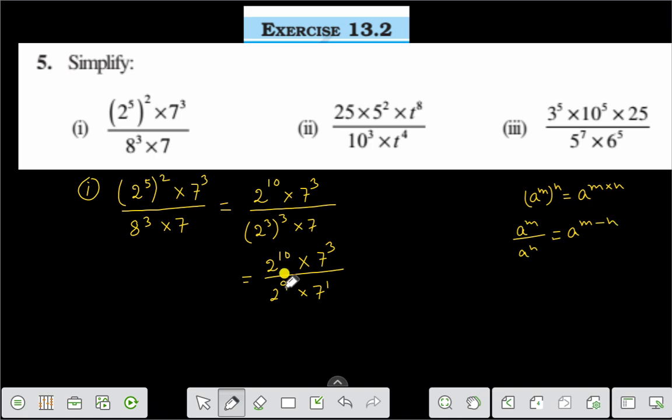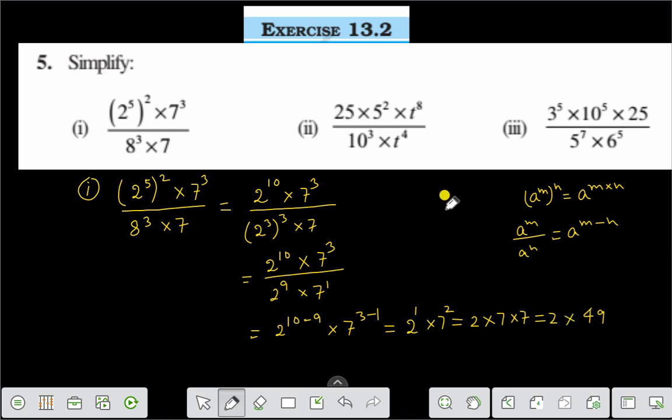Therefore we can find that, the base being the same, 2 to the power 10 minus 9 into 7 to the power 3 minus 1, that is equal to 2 to the power 1 into 7 to the power 2, which is 2 into 7 into 7, or you can find that 7 7s are 49.